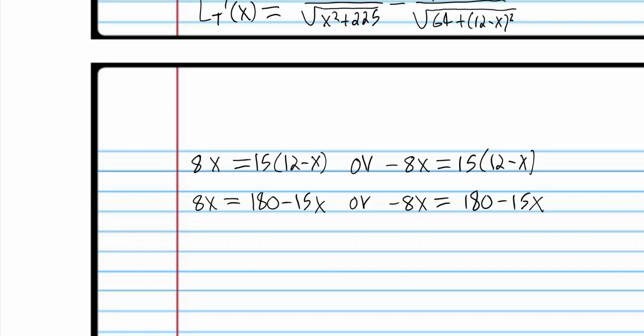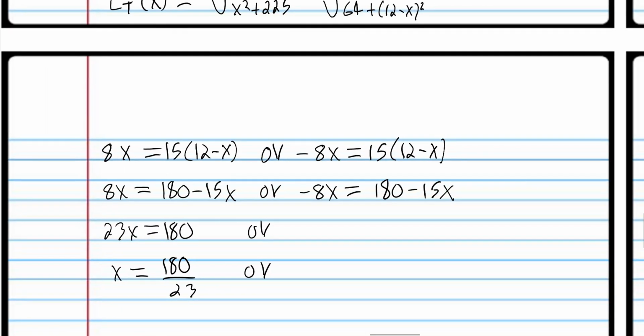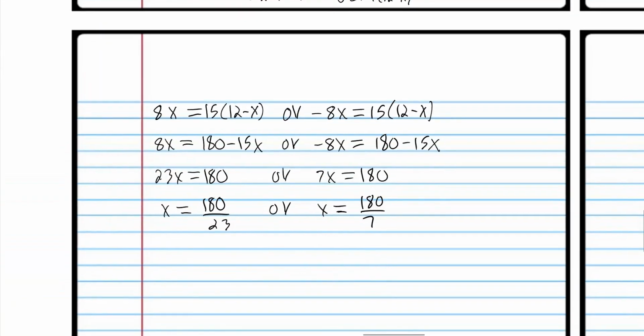And so we get 23x is equal to 180, and x is equal to 180 over 23. Over here we get x is equal to 180 over 7, and we need to come up with approximate values.